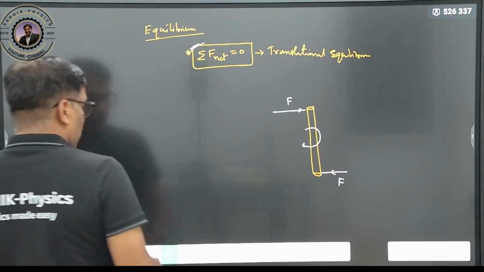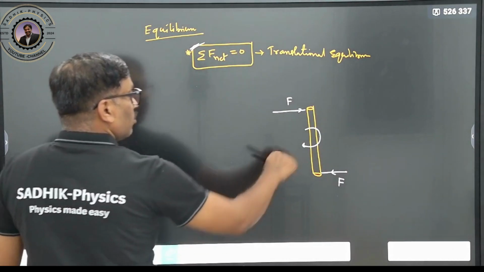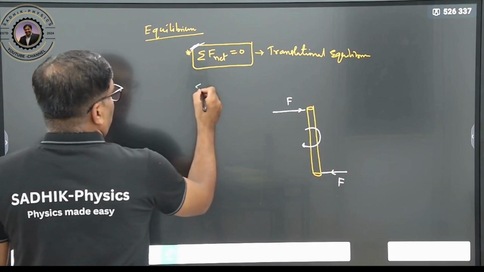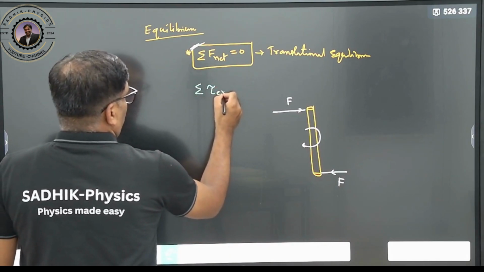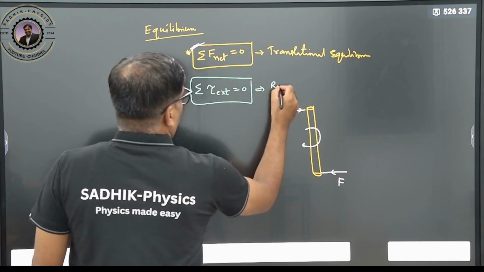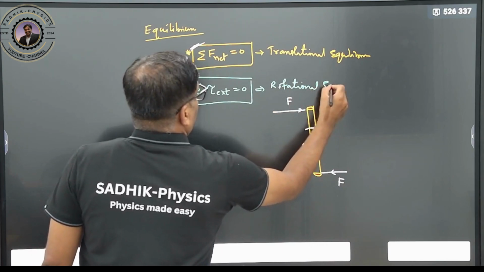So to balance that also, we require something. In order not to rotate, what should be there? Torque. Therefore, the net external torque acting on the system should be equal to 0. This is said to be rotational equilibrium.